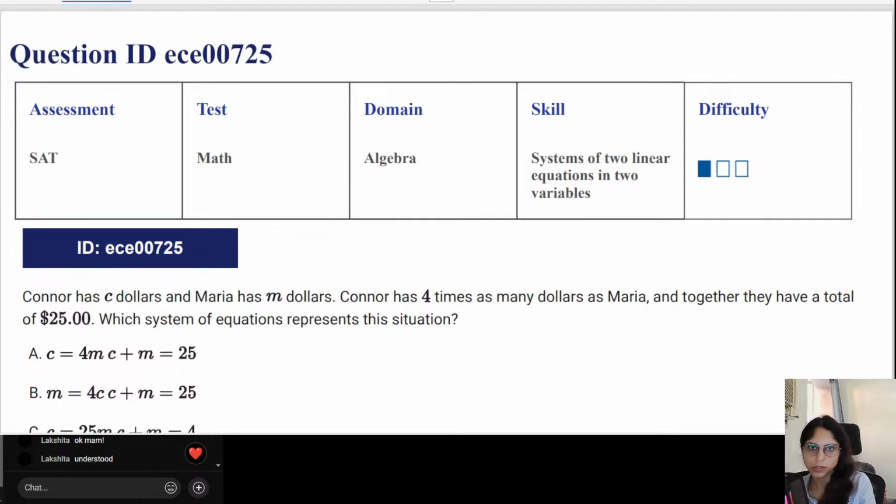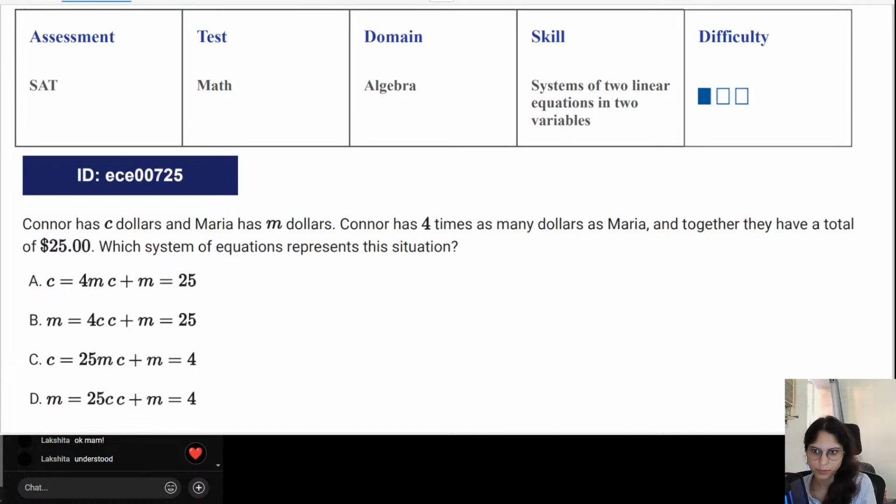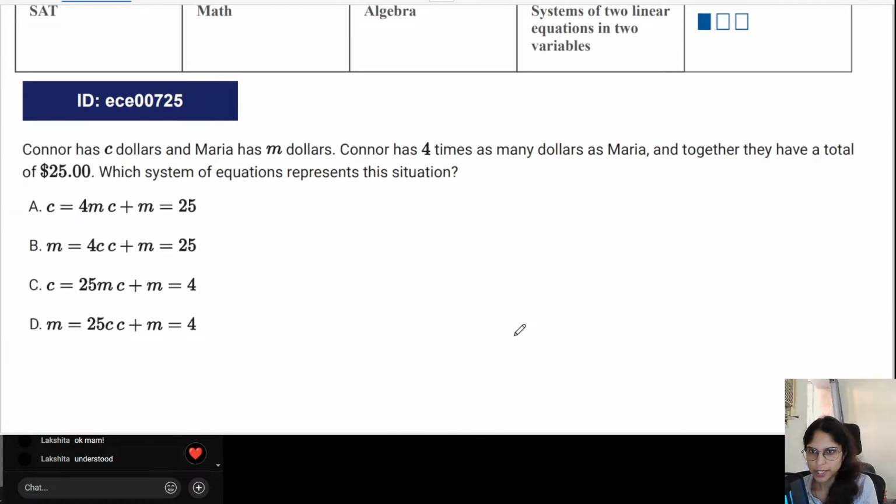We are doing easy word problems. Connor has C dollars and Maria has M dollars, okay? Connor has 4 times as many dollars as Maria. So C is equal, Connor is C, right? So from here, C has means equals, 4 times means multiply, Maria means M. So C is equal to 4M.